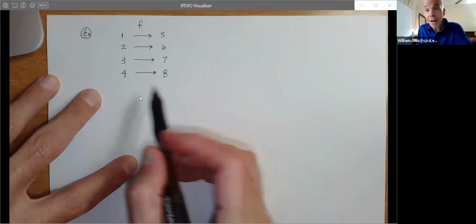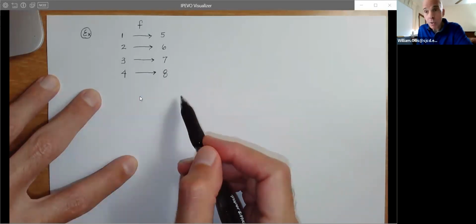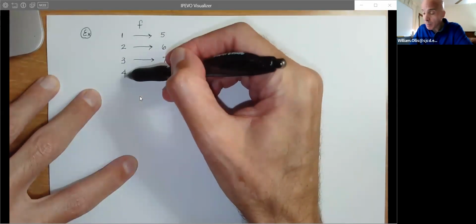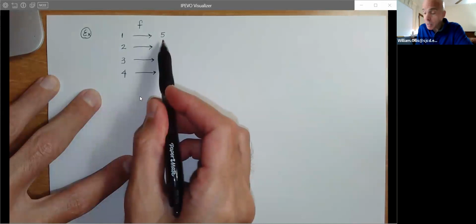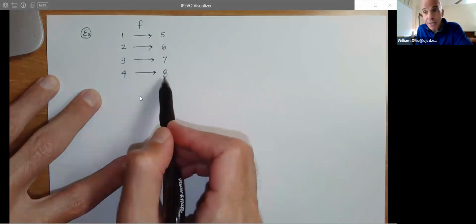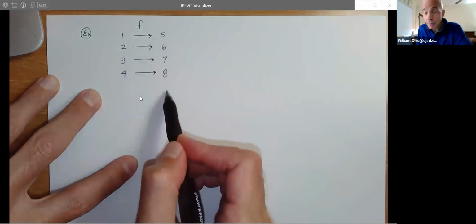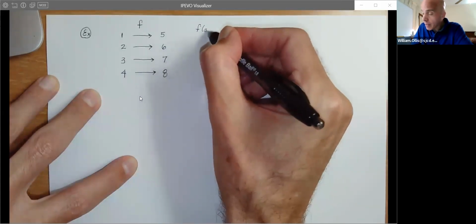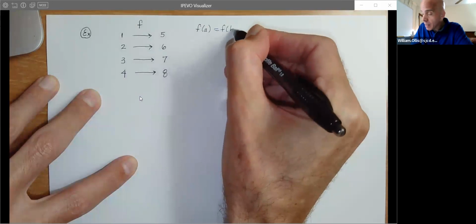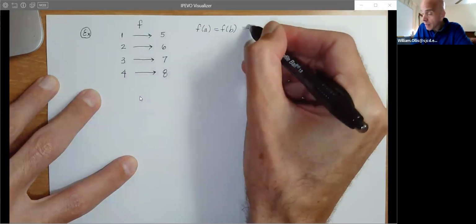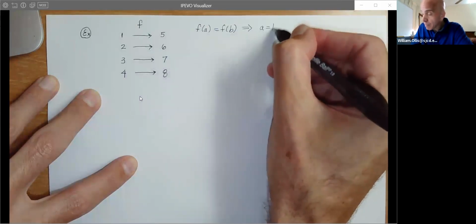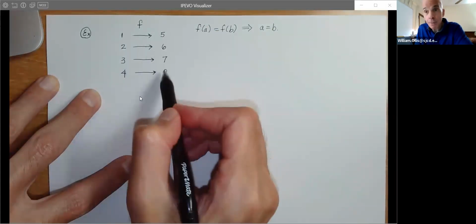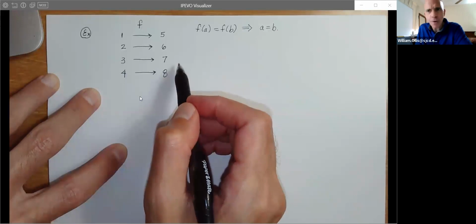Well, by definition, this is one-to-one because we see here that no domain element maps into the same range element. They're all unique. That is, we see, for instance, f of a equals f of b does imply that a equals b. Or we can say if you have a different input, the output is going to be different. And in a discrete case, it's very simple.